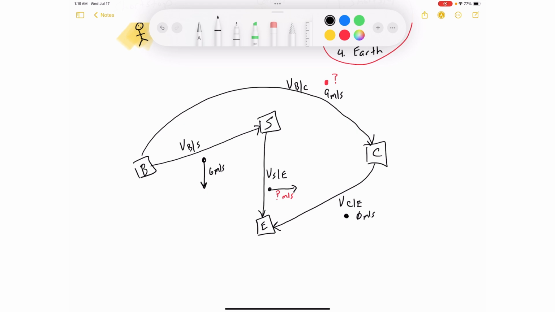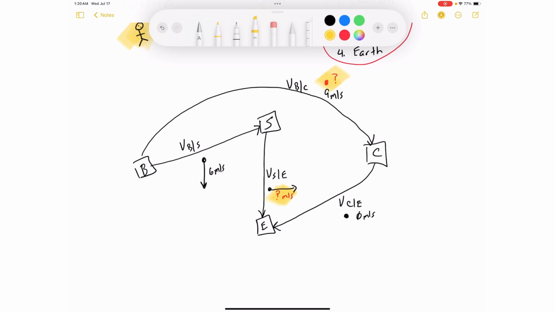And so I have my 4 entities: the ball, the shortstop, the earth, the catcher, and I have the arrows that link them together with their velocities. What I would like to find out is that actual vector there, its direction, and its length or magnitude.